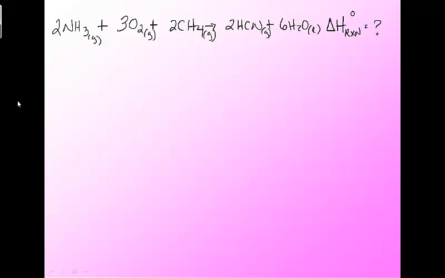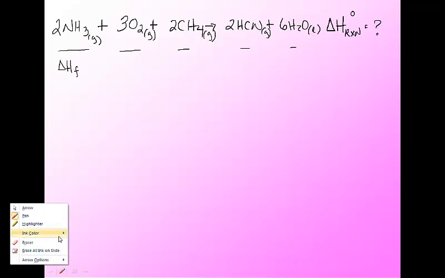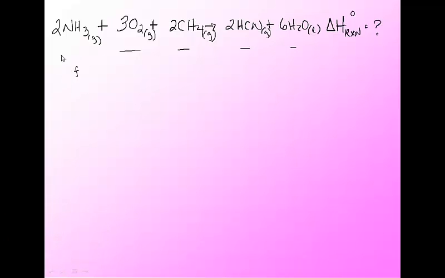So I am basically going to go to the back of the book and find the heat of formation of the ammonia gas and the oxygen and the methane and the hydrogen cyanide gas and the water, and I am going to use them to figure out the enthalpy change of the actual chemical reaction that these substances are involved in.